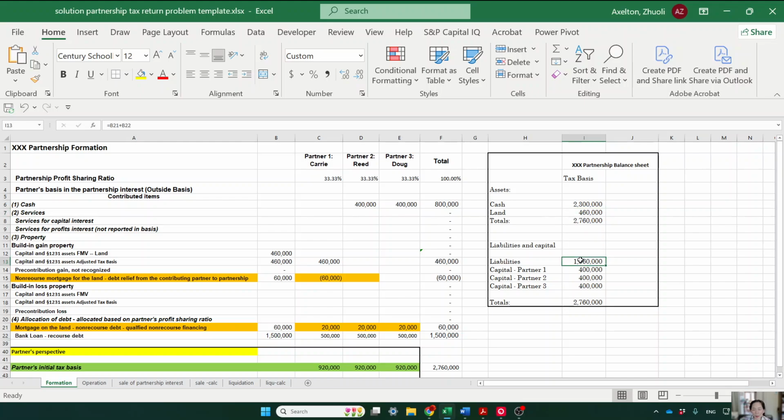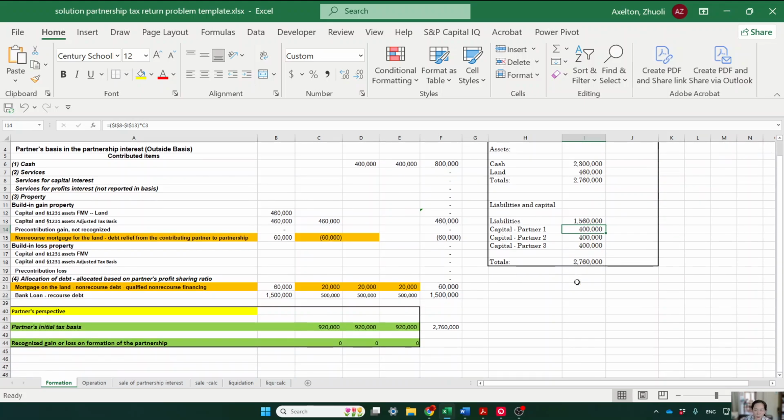And the liabilities include the mortgage, 60,000, as well as the 1.5 million borrowed from the bank. And the capital will be whatever is left over from the assets minus the liabilities, and divide by 3 because each of the partners has 1/3 of the capital interest in the partnership.